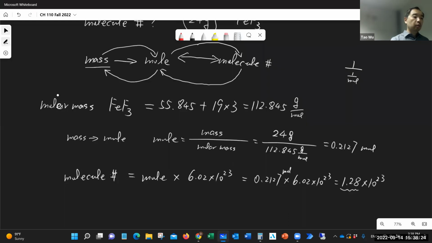The answer shown over here in the yellow sheet is 1.28, but I prefer you write 1.3 times 10 to the 23rd, because the question gave you only one number, which is 24 grams, and 24 grams only has 2 sig figs. So the answer should be 1.3 instead of 1.28. Are you clear? Okay, so that is the information.